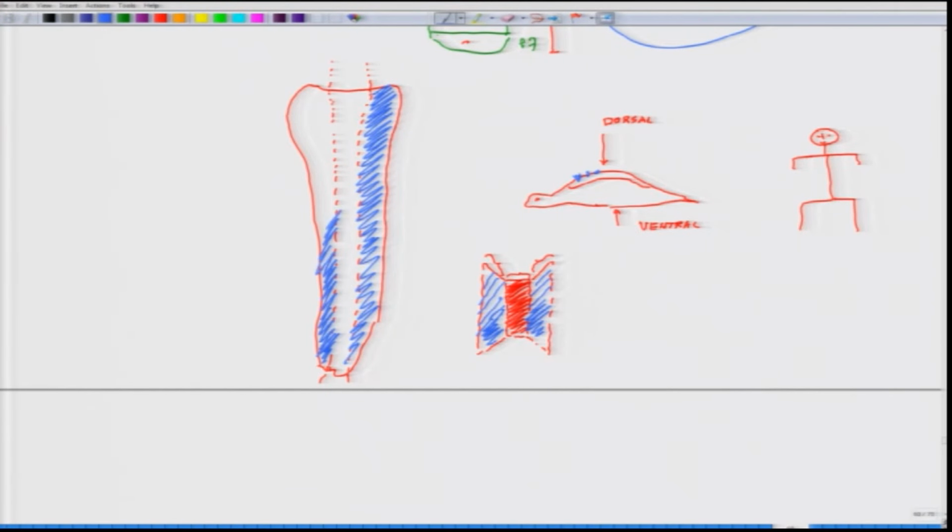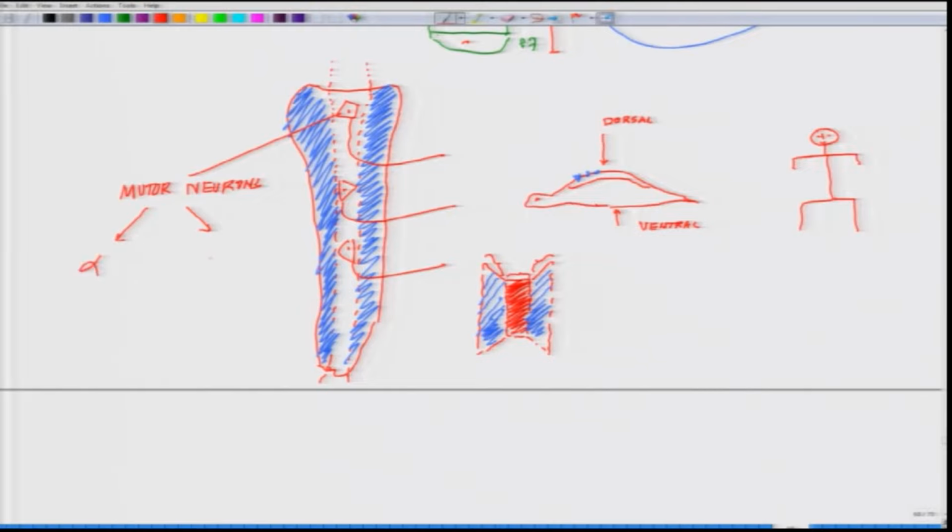So, now if you want to culture motor neurons, you have to know the location of the motor neurons, the spinal cord motor neurons. The location of the spinal cord motor neurons is here, which is called the ventral horn. But now, these cells along with the motor neurons are of two types there.